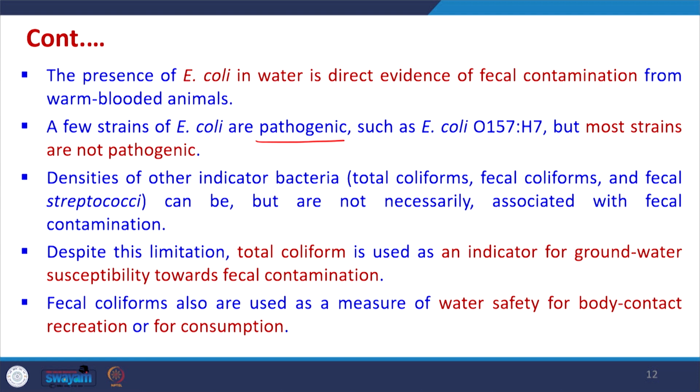Densities of other indicator bacteria like total coliform, fecal coliform and fecal streptococci can be, but are not always, associated with fecal contamination. Despite this limitation, total coliform is one of the indicators for groundwater susceptibility towards fecal contamination, so you always try to find out the total coliform.